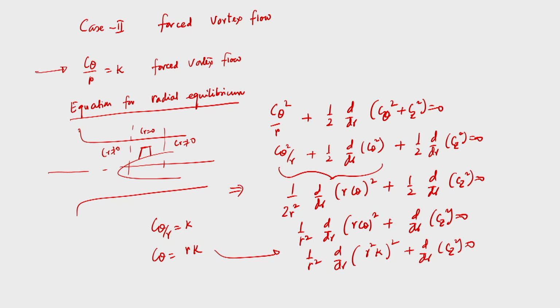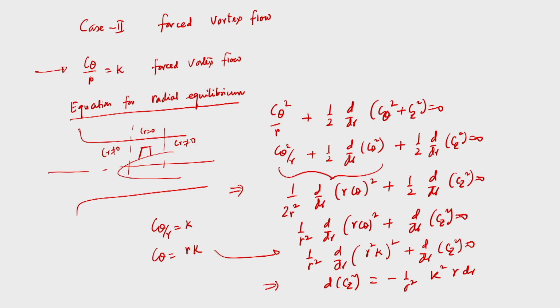From here I can write that d of C z square equal to minus 1 upon R square k square into R dr. So that is the final equation: d of C z square is equal to minus 1 by R square k square into R dr. From there I can calculate.